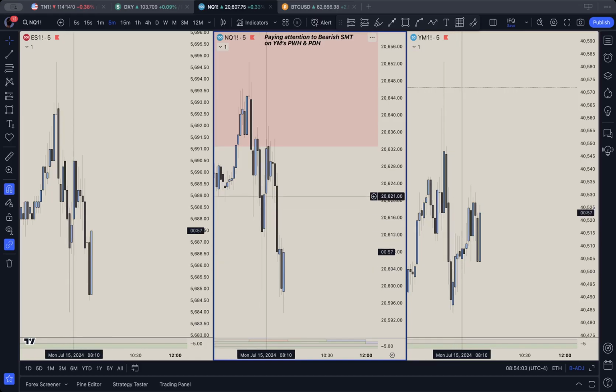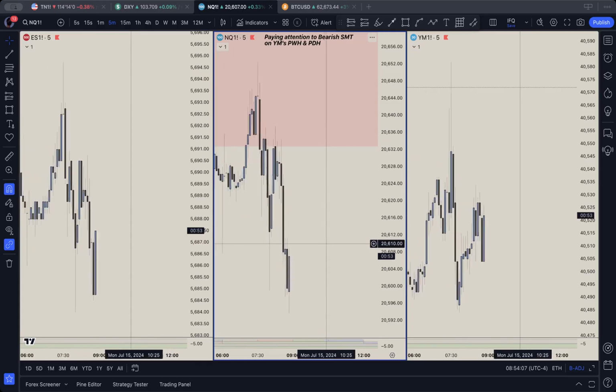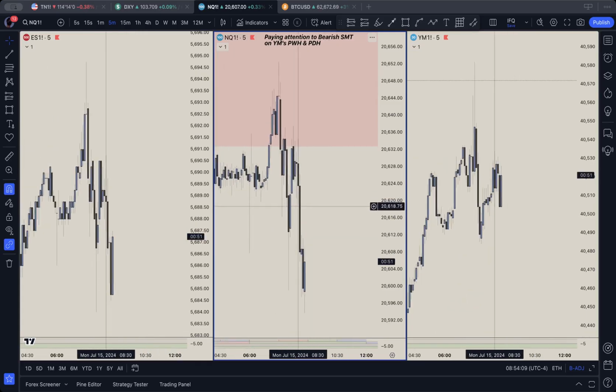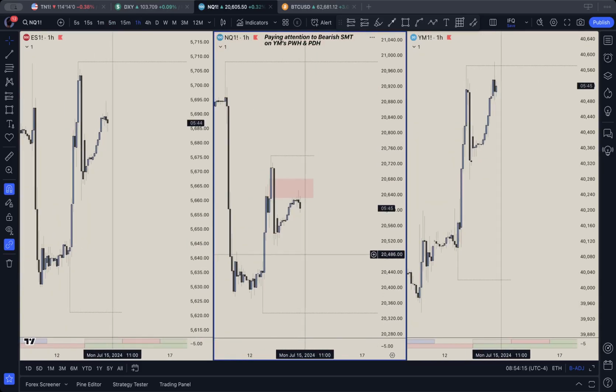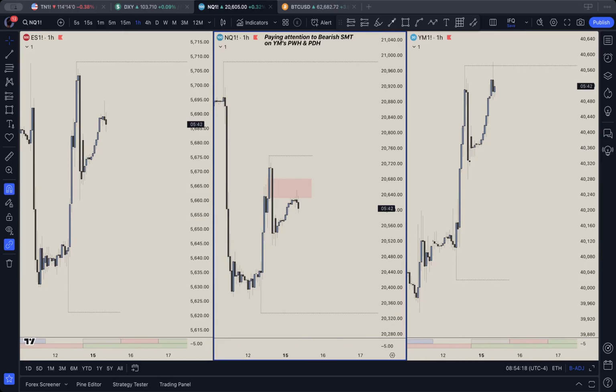Yeah, you do have a unicorn model. It would be this fair value gap right here, but it's not within the time window that I would prefer taking it. So I would be cautious. But once again, as long as you guys are following your plan, go for it.